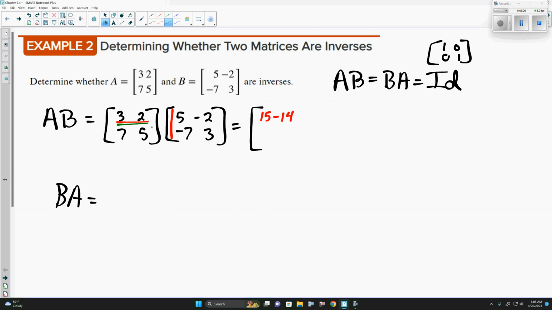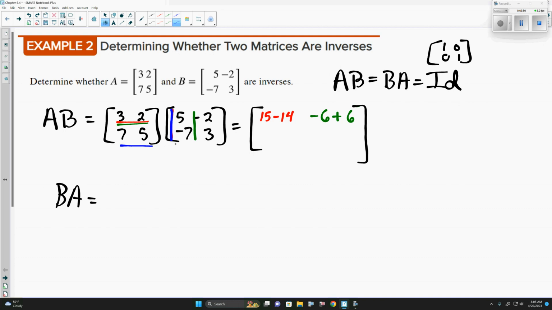Then we'll do the same thing, first row, second column, which is going to give us 3 times negative 2, which is negative 6. 2 times 3 is plus 6. Well, so far it's looking good. Then we can move on to the next one.